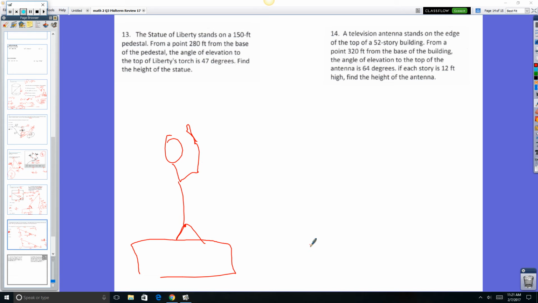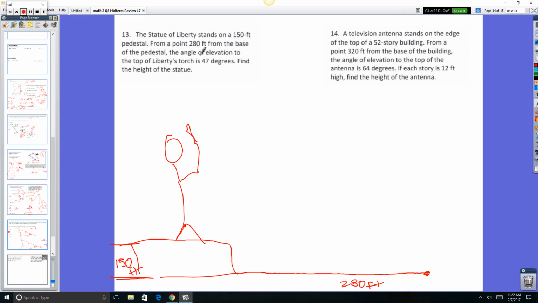Okay, so here's what we know. This base is 150. From the top to the bottom of the base, that's 150 feet. From a point 280 feet from the base, if you go from the base clear over to here, that distance is 280 feet.